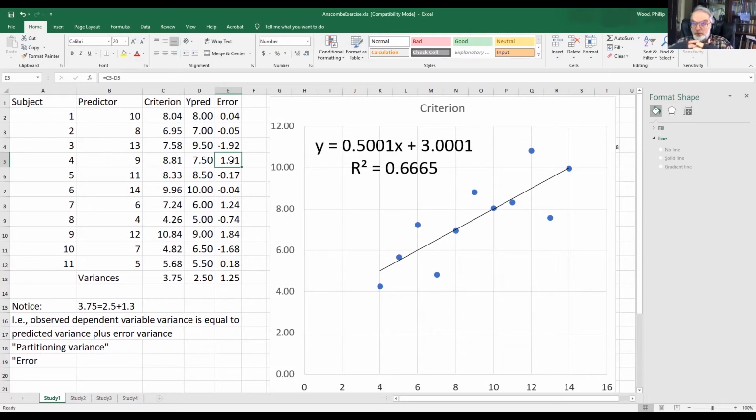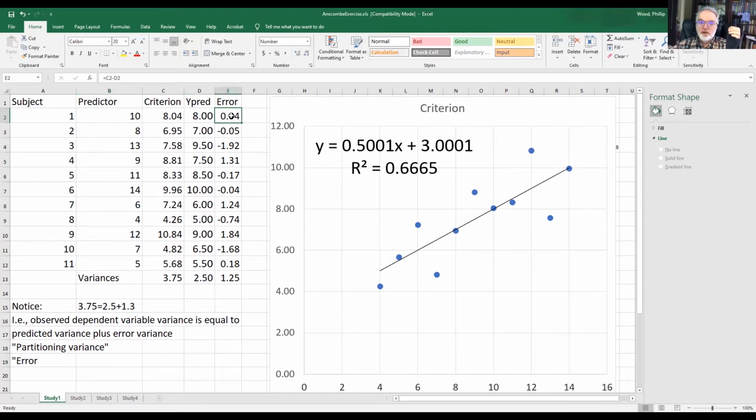So here, you can be a smarty pants when you get to research methods two, or other classes you might take. This error variable is something that we also work with sometimes. We might say that this variable is the value on the criterion adjusted for the effects of the predictor.